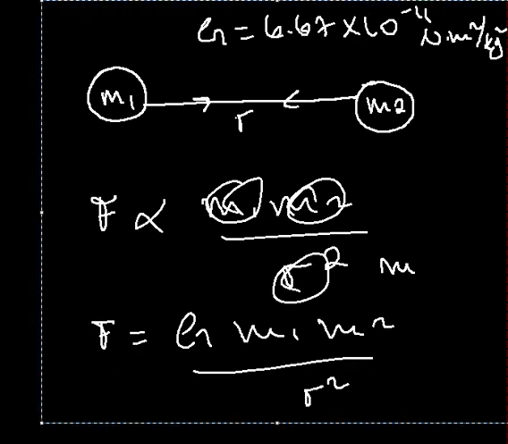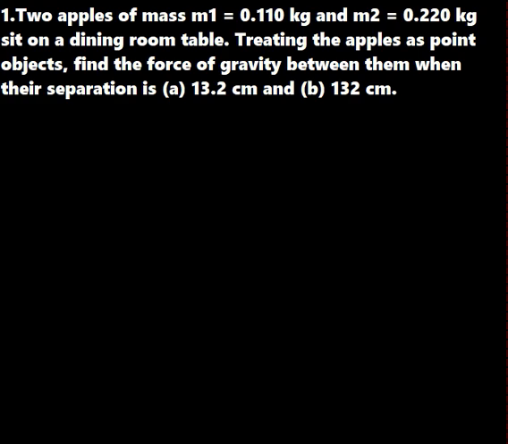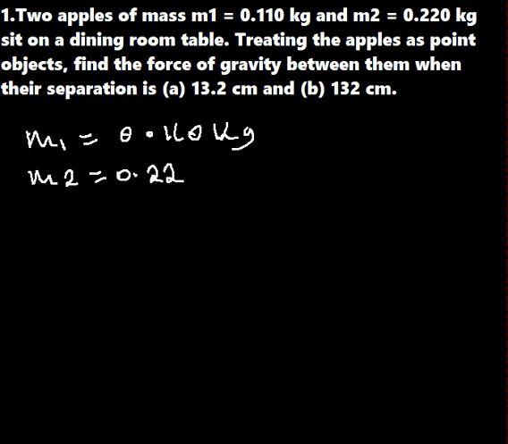Let's say this is the question. Two apples, with mass 1 given as 0.110 kg and mass 2 given as 0.220 kg, sit on a dining room table.